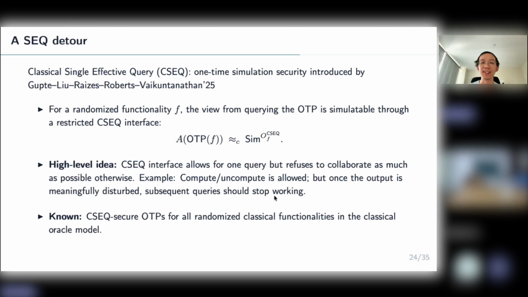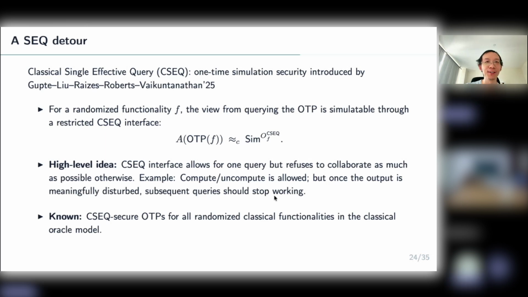Okay, so what is this CSEQ interface? Yes, maybe just to understand at a high level: are you saying that the construction they gave in this prior work is also good enough to satisfy your new definition of close to best possible, or do you still need to modify their construction to achieve that?